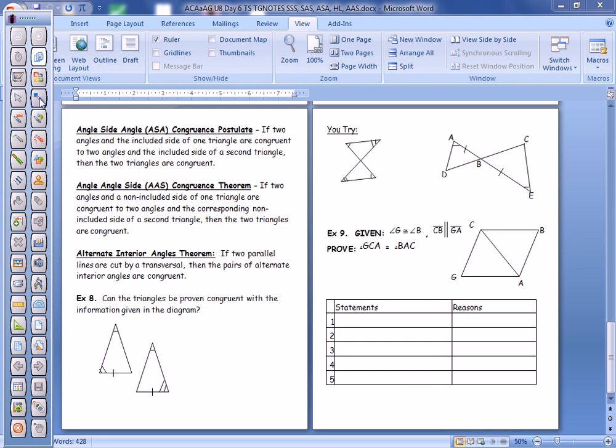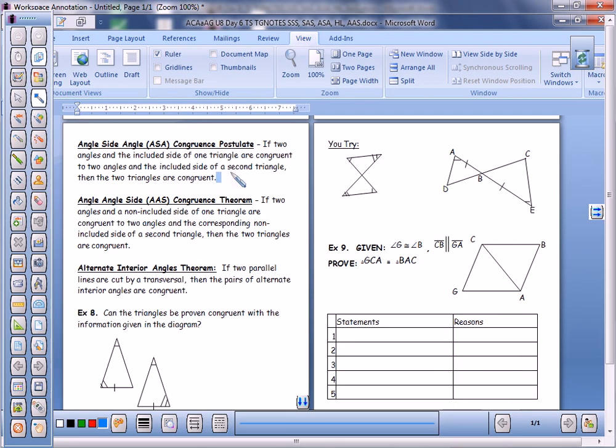If we sketch it out, we'd have two angles and the included side, an angle and the included side congruent to an angle and the included side. Angle, side, angle. So angle, tick, double angle.